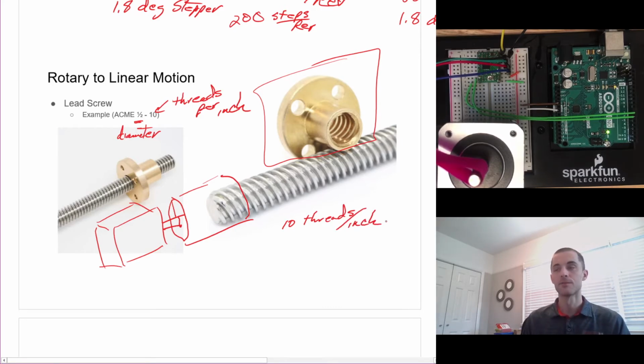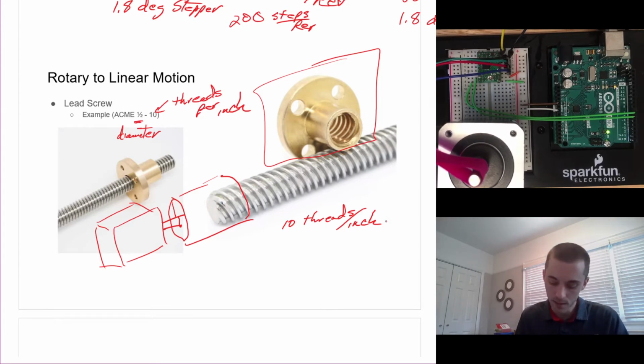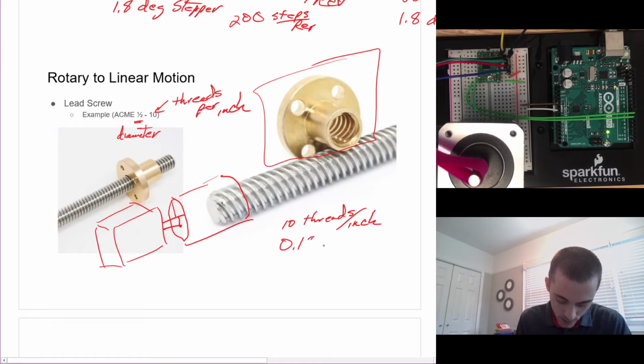That means for each single thread, which means once around, one revolution, we're moving 0.1 inches per rev, which is equal to 2.54 millimeters per rev.